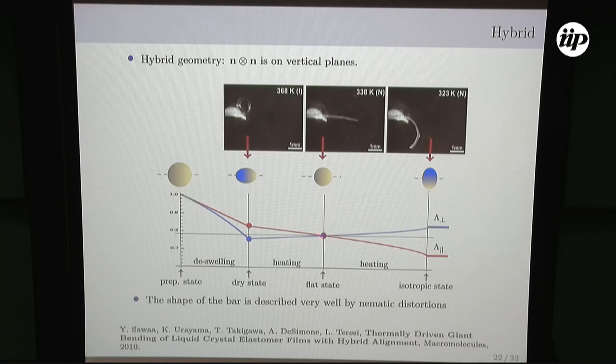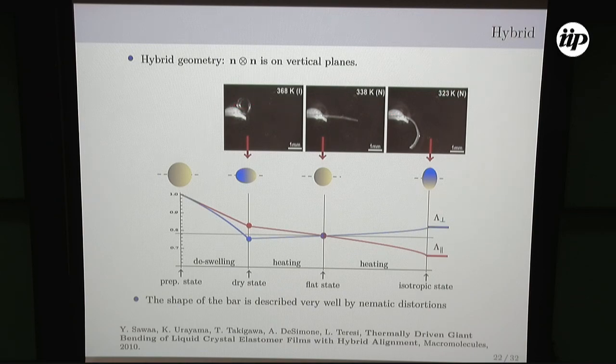And then you keep on changing the temperature, and now lambda parallel is smaller. And so the top is, and so you have a bending in the other direction, you change the curvature. And so you can describe with distortion this kind of behavior, very large change of shape.